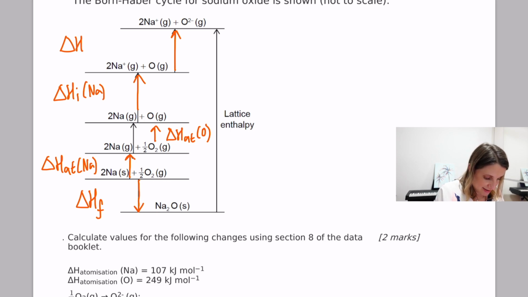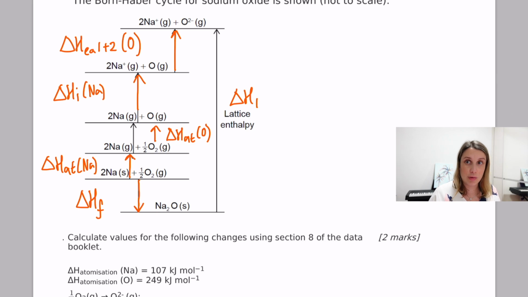And actually it's the first plus the second electron affinity for oxygen, because it's gained 2 electrons, not just 1. And then lastly, on the right-hand side, you've got the lattice enthalpy here. So just make sure that you know exactly what all of those things mean and you know definitions for them also.